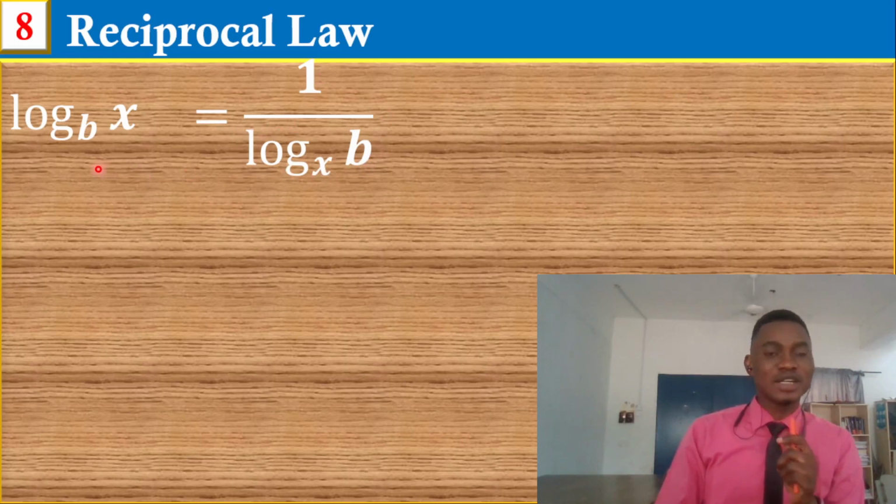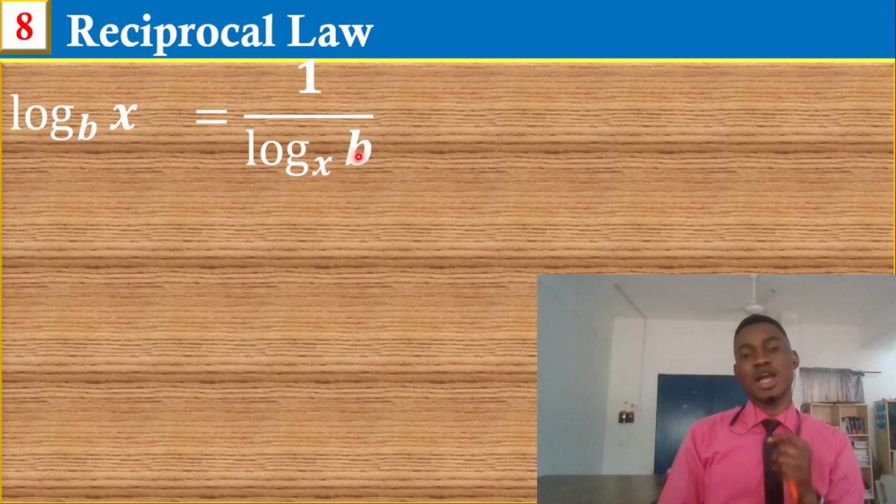If you must take the reciprocal of a given logarithm, then there will be a switching here. The argument becomes the base while the base becomes the argument. Is that clear? So this is the whole idea of this particular law.